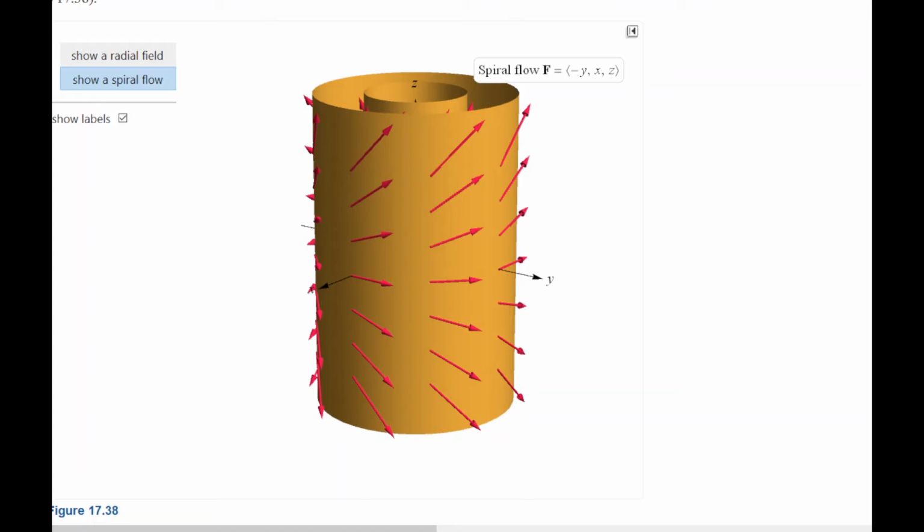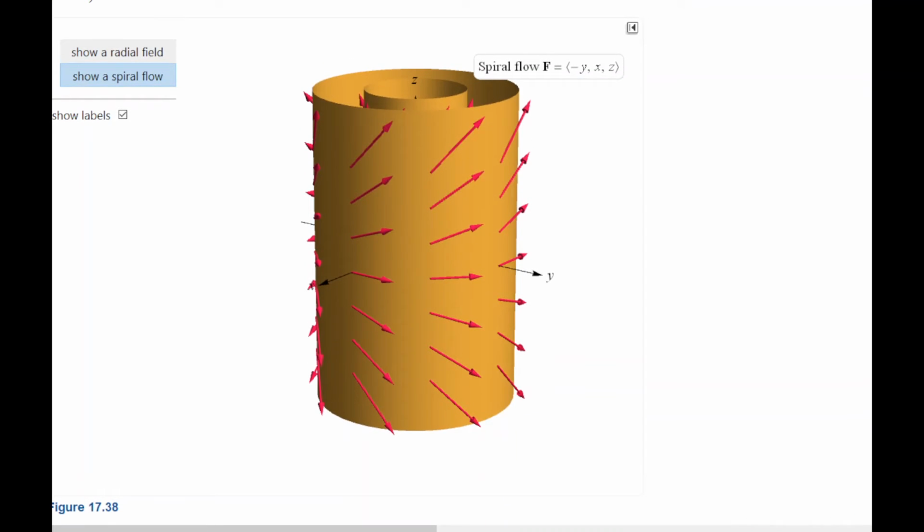For the divergence, we got that the divergence was equal to 1. And if you'll recall, that was coming from this last term, that the z component depended just on z of this vector field. So we had partial z of z is 1, and that's how we got a divergence equal to 1. It was the z component that was responsible for that. And when you take a look at the vector field, you could sort of see why.